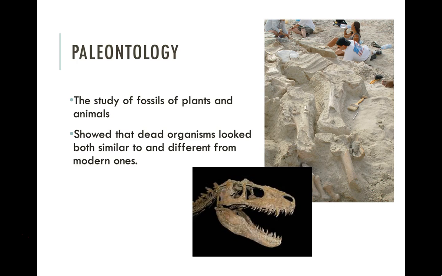So he noticed that there was some sort of change taking place, that at some point these organisms were alive, but now they were not. He hypothesized that the reason they were no longer alive is that for some reason those species were no longer adapted to their environment. There was some sort of change that made them less able to survive, whereas other ones were able to survive and pass on their traits.